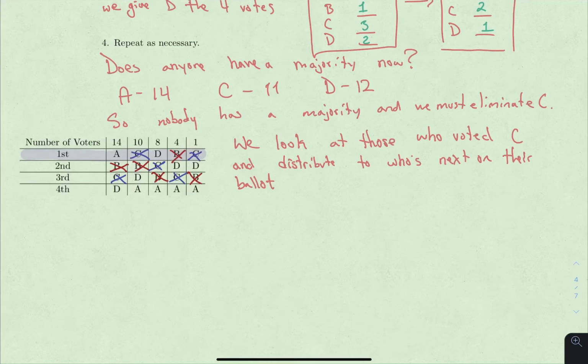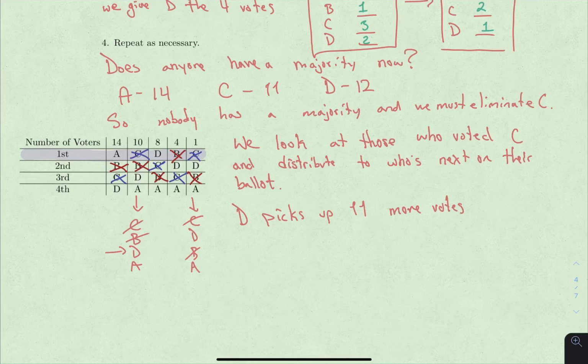So 10 people had C, B, D, A. Since C and B are gone, all those votes go to D. One person had C, D, B, A. B has been gone, and now that C's gone, that vote also goes to D. D picks up 11 more votes for a total of 23.